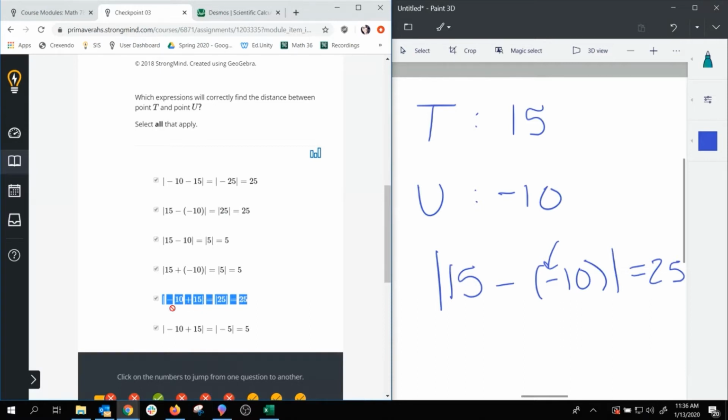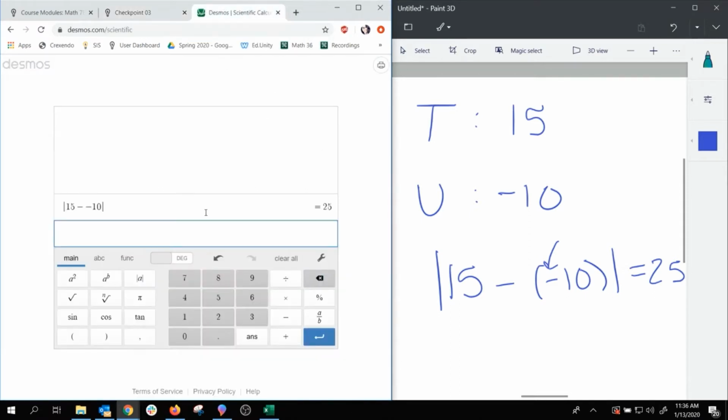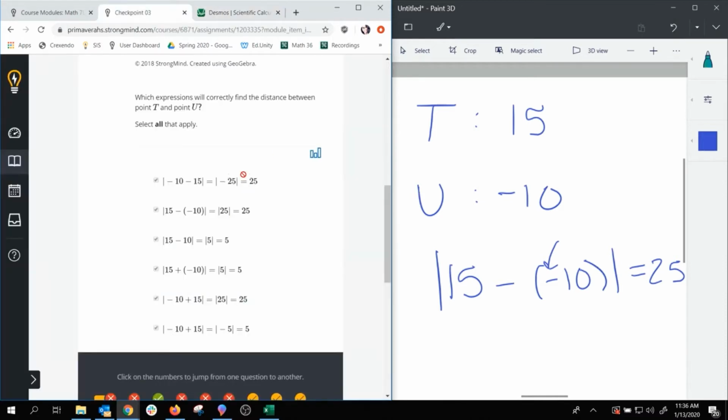So because this answer choice has addition, this one can't be it. Which means if I double check this top one, the -10 minus 15 in my calculator, it tells me it's 25. That means this first one and the second one are the 2 correct answers here.